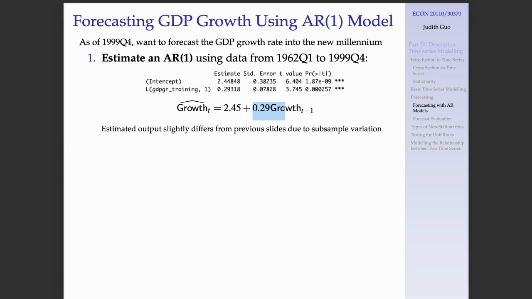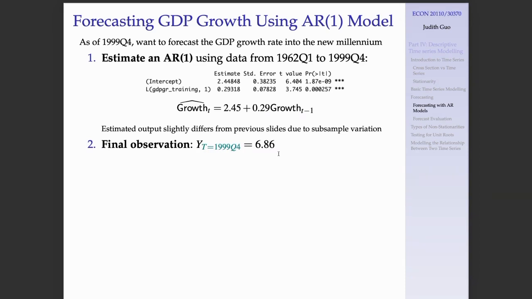That is consistent with our guess that the growth rate is stationary. The results given here are slightly different from the ones in the previous slides because I only use a subsample. I truncated the data and left the data corresponding to 2000 onward for forecast comparison. The final observation in this data set, which corresponds to Q4 in 1999, is 6.86.